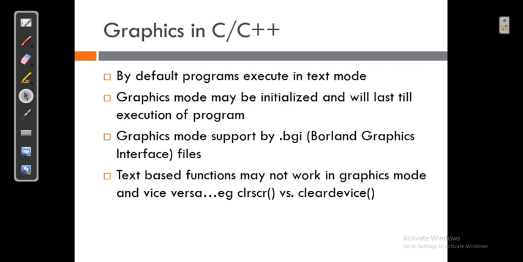Like clear screen, clrscr, we use for clearing the screen, but when you are working in the graphics mode, this function will not work. You will have to use cleardevice then. Similarly, you will have to take care whether you are working in graphics mode or in text mode.